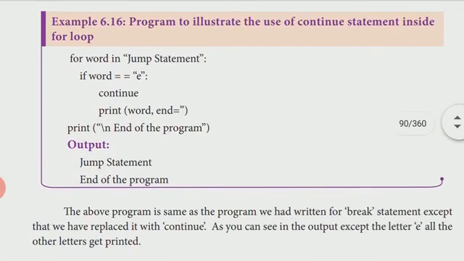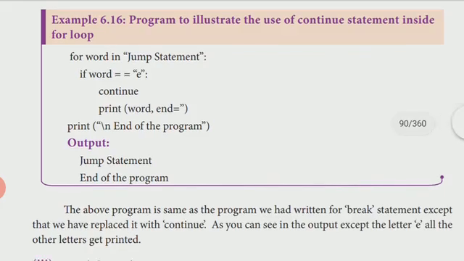The example here they gave is for word in jump statement, if word equal to E, continue, print end of the program. Here they gave a continue statement. So if you find that E character in the word, we want to continue.